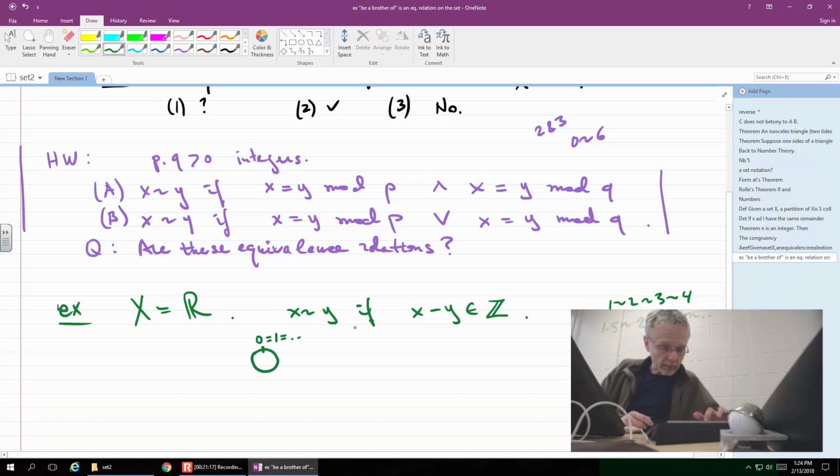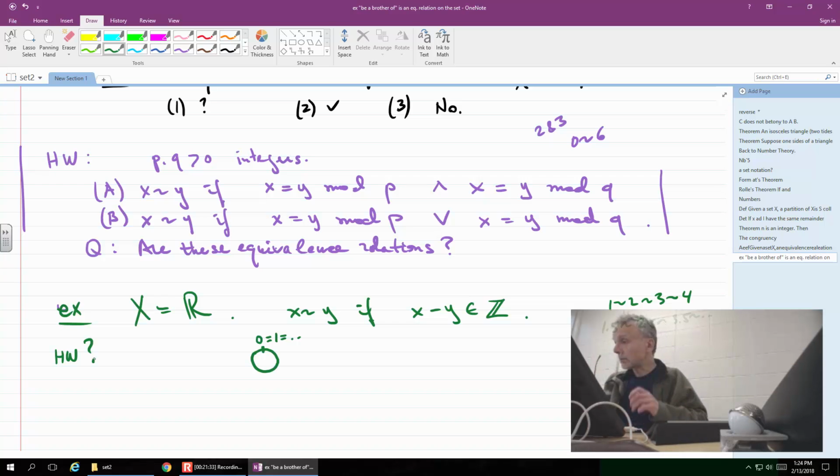Okay, so what I want to do now is turn to something else. We might talk more about that, or you can think about it at home and convince yourself that this is indeed an equivalence relation. Well, let's go on with the axioms.